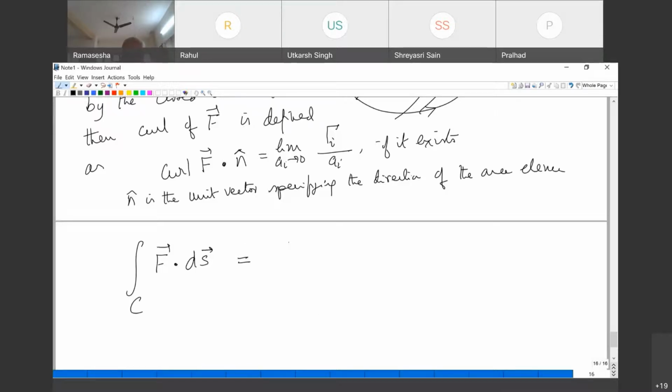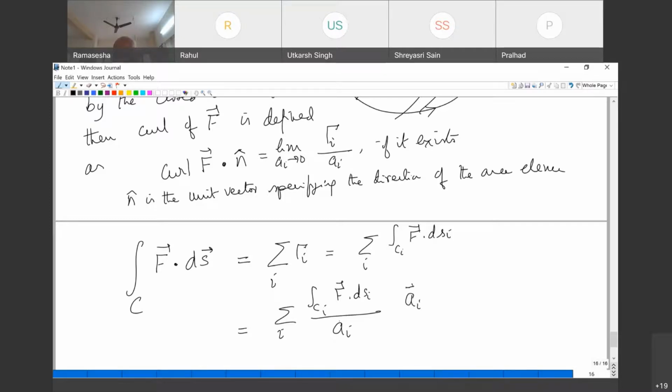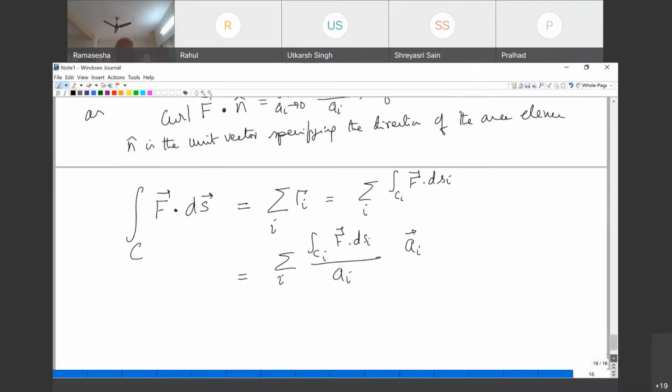This is equal to sigma over i of gamma i, which is equal to sigma over i of the integral over Ci of f dot dsi, and that is equal to sigma over i of the integral over Ci of f dot dsi divided by area element Ai, multiplied by area element Ai, or that's equal to sigma over i of curl f multiplied by Ai.